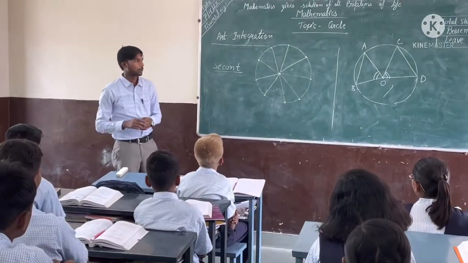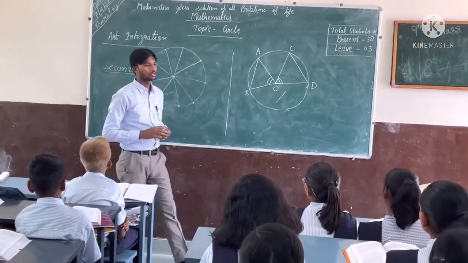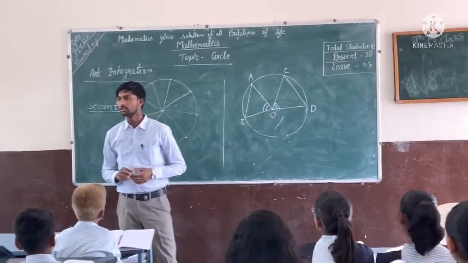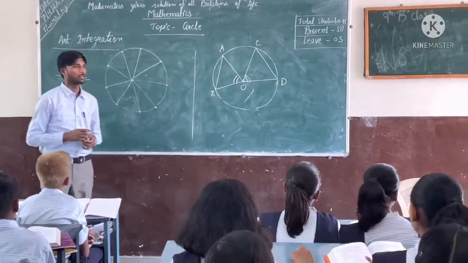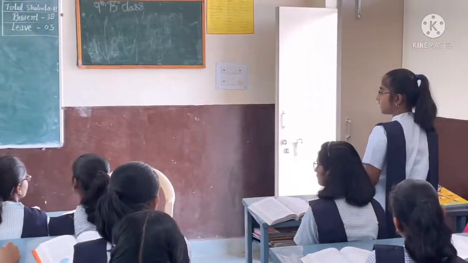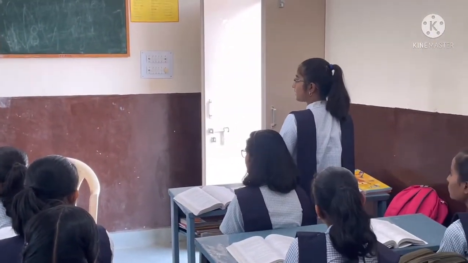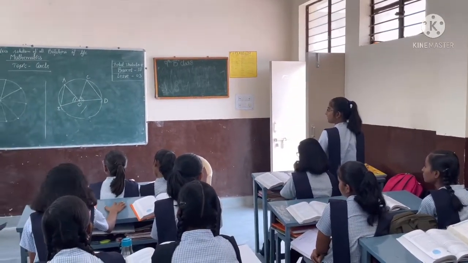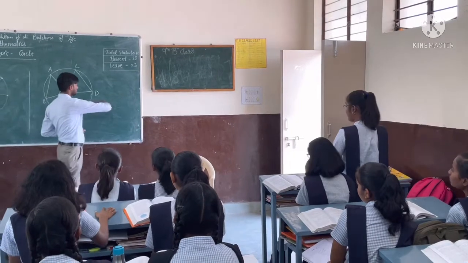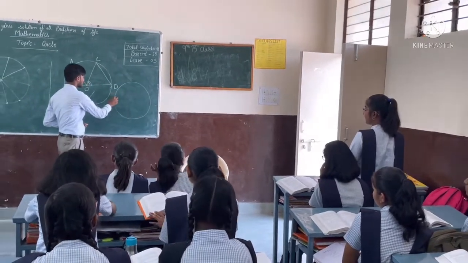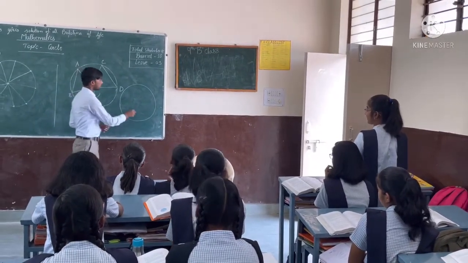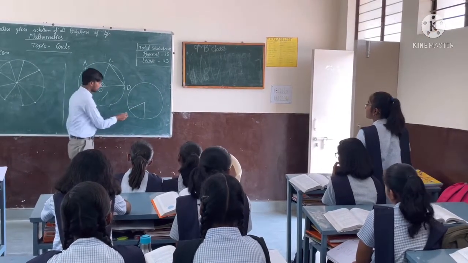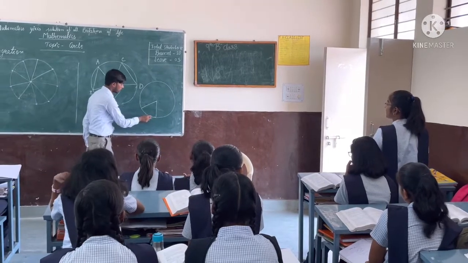Good, sit down. Now my last question is, what is the sector of a circle? Asmita, stand up. Explain. Two major arcs touch the circumference is called sector. I am asking about the sector. Is it necessary that it should be major arc? Two radii. Yes, and the corresponding arc.